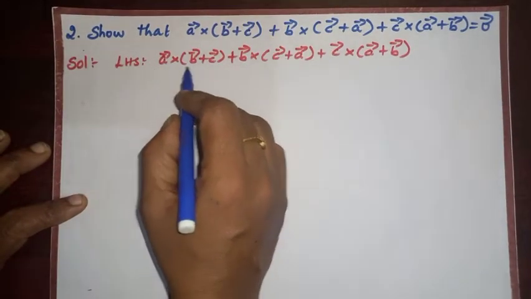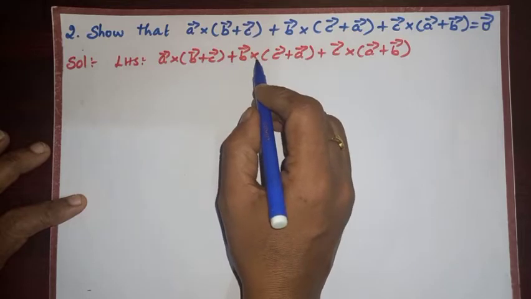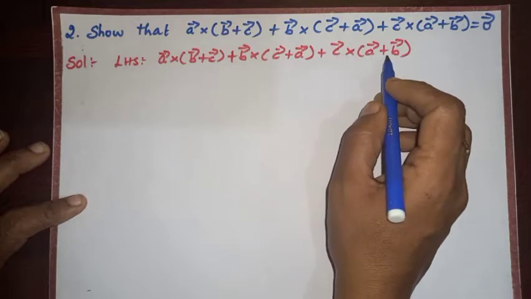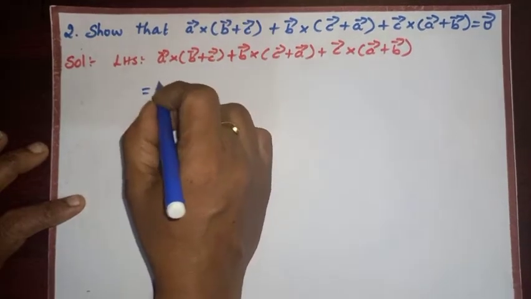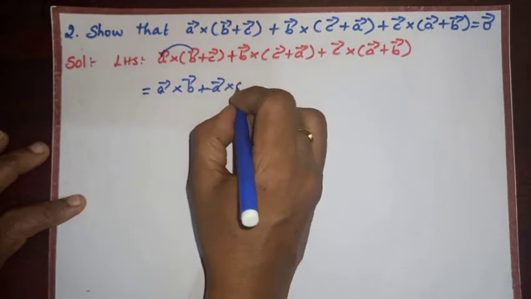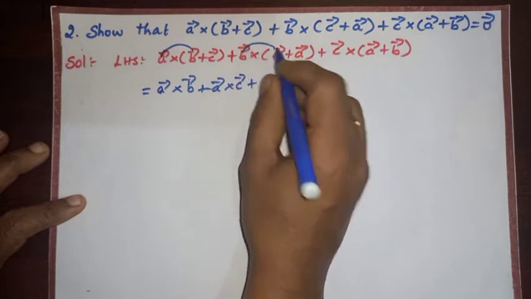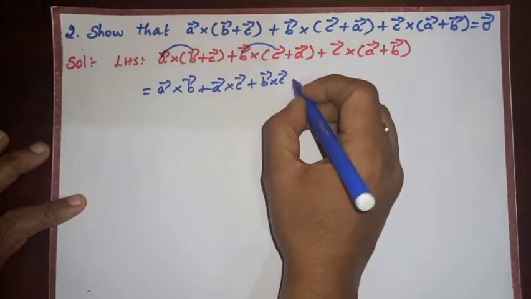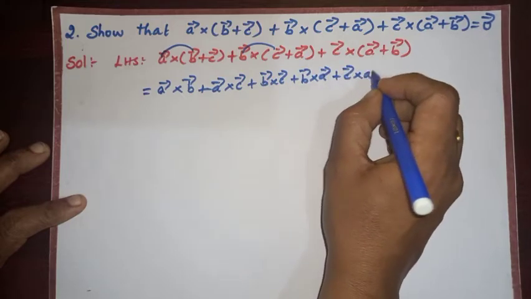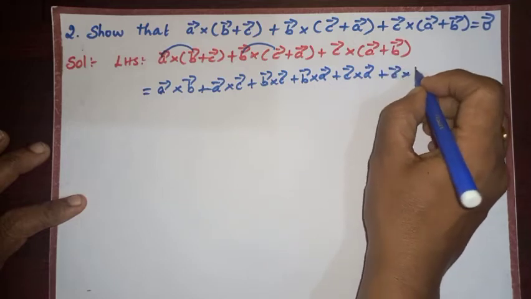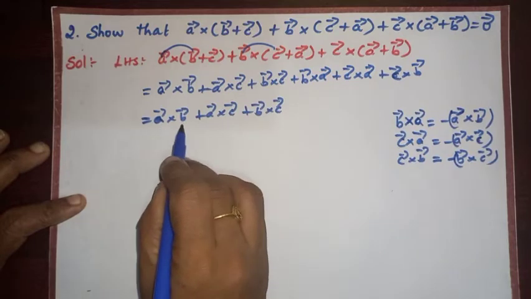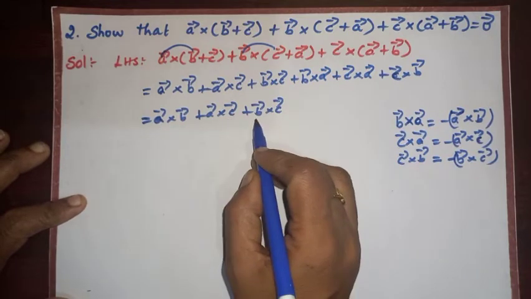Now multiply inside: vector A cross vector B plus vector A cross vector C plus vector B cross vector C plus vector B cross vector A plus vector C cross vector A plus vector C cross vector B.